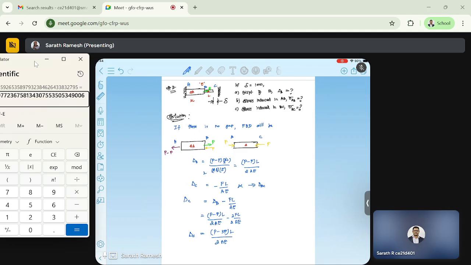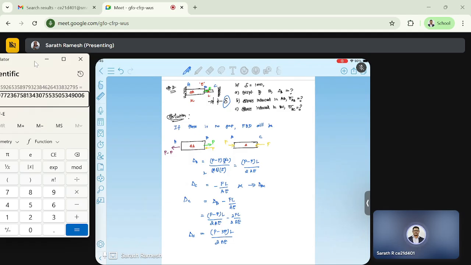Only this deflection, this gap of 1 mm is allowed, right? That's what is given in the question. So the maximum value of delta C can be 1, right? The minimum value is 0.